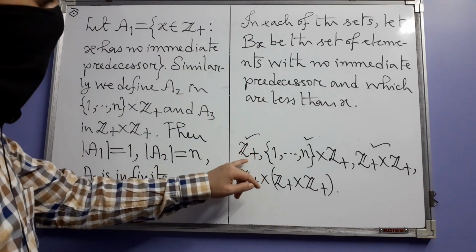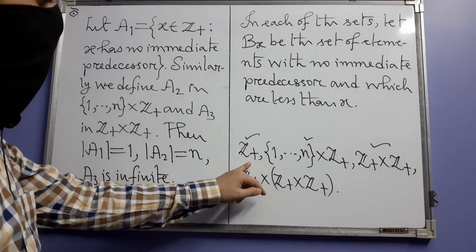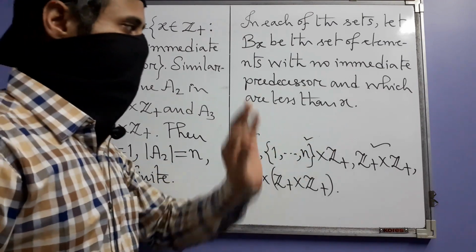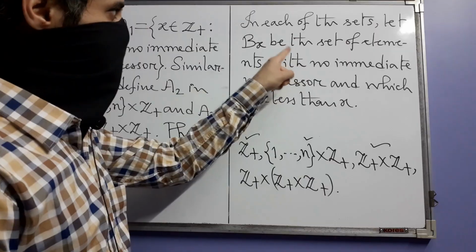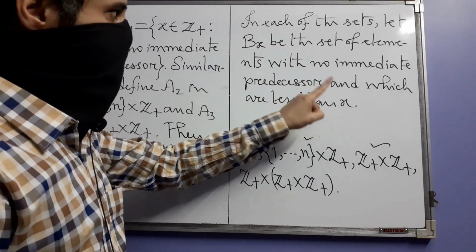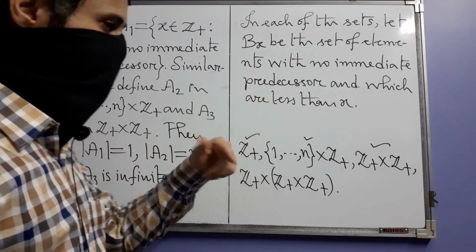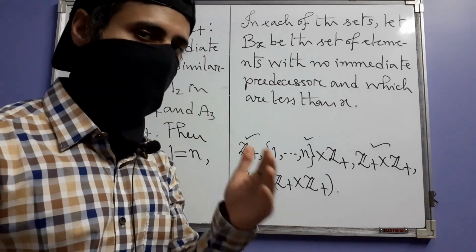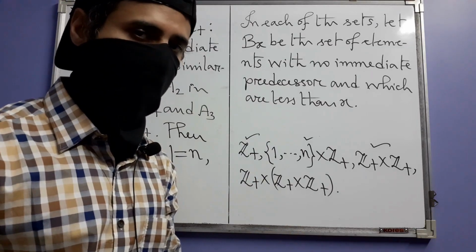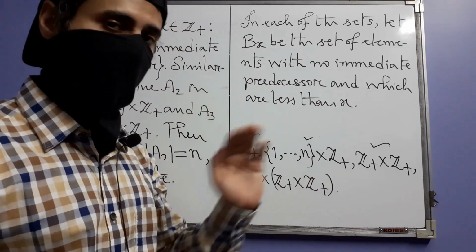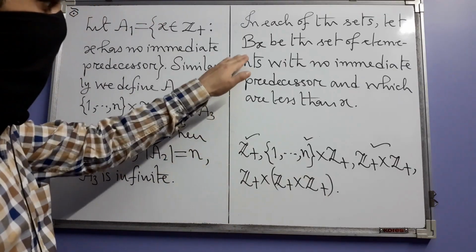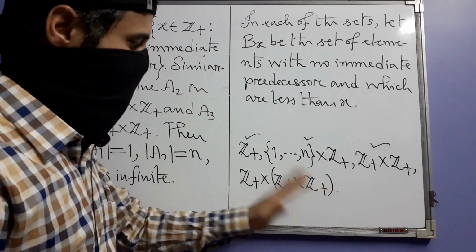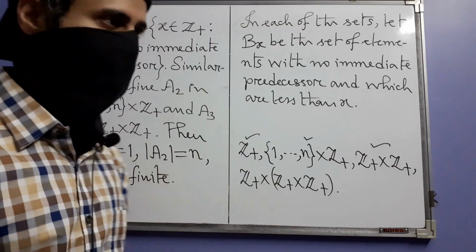Say you consider the set of positive integers. There you choose any positive integer, that is your x. Then Bx will be the set of those positive integers which do not have immediate predecessors and at the same time which are less than x. And the similar Bx's are there in the other three sets as well.